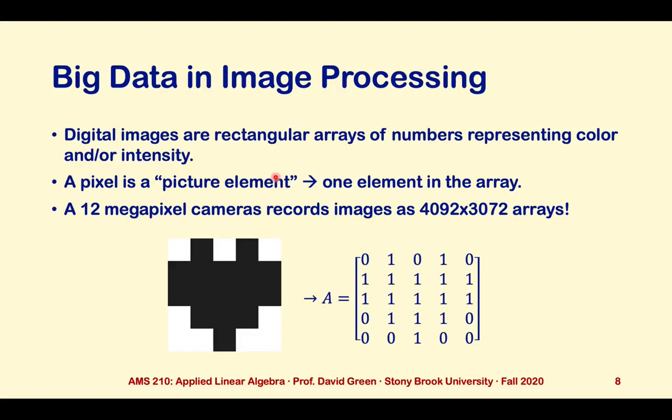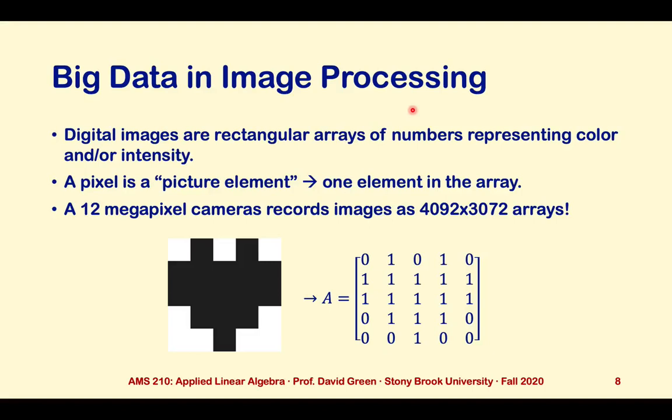Data like this, large arrays, large matrices, also arise in image processing. Digital images, like you take with your phone, really are simply stored as rectangular arrays of numbers, where the number represents some combination of color and intensity. What the color is and how strong that color should be represented.